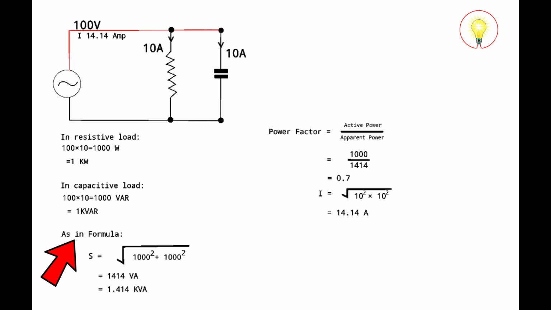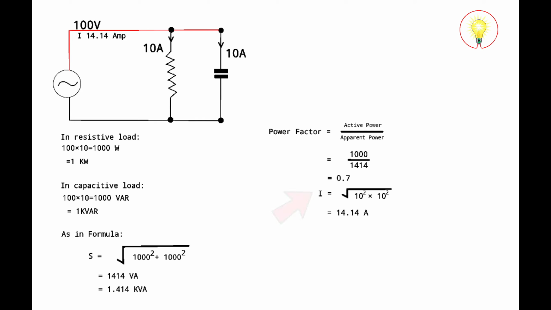According to the formula, S equals the square root of 1000 squared plus 1000 squared equals 1414 VA or 1.414 kVA. Power factor equals active power by apparent power equals 1000 by 1414 equals 0.7.